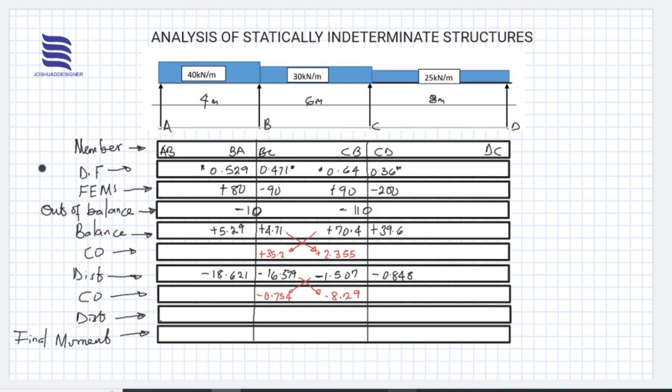So we have positive 0.399. How do I obtain this? Multiplying your carrying factor by 0.529 up here, you'd have this. Multiplying that same value by 0.471, 0.759 multiplied by 0.471, you'd have positive 0.355, right?